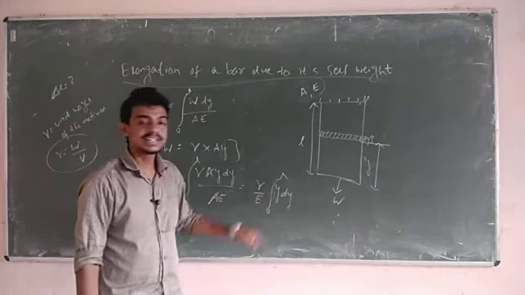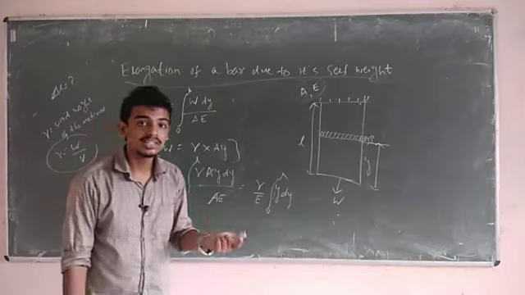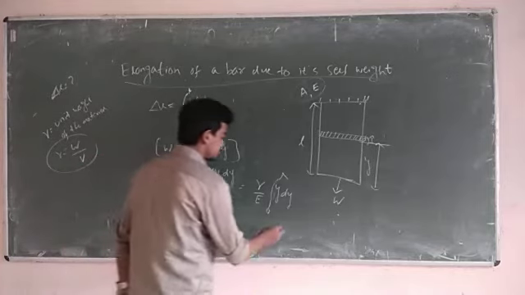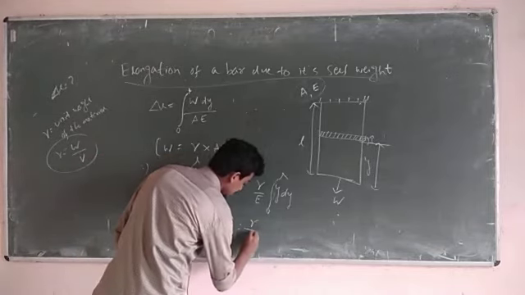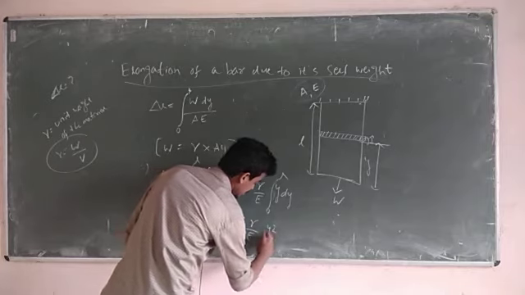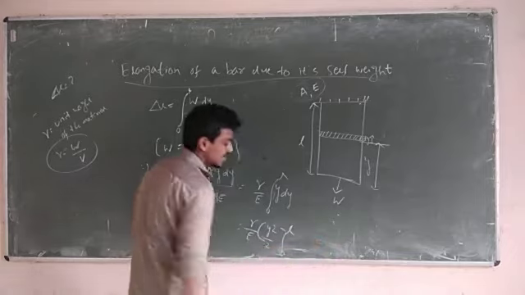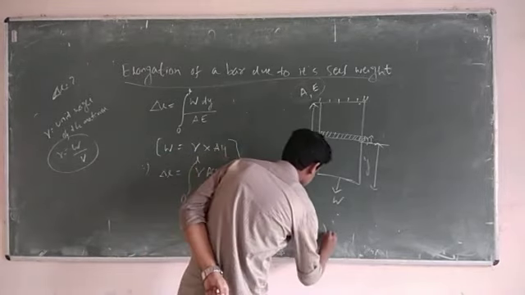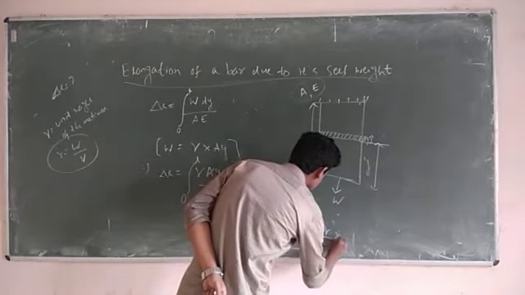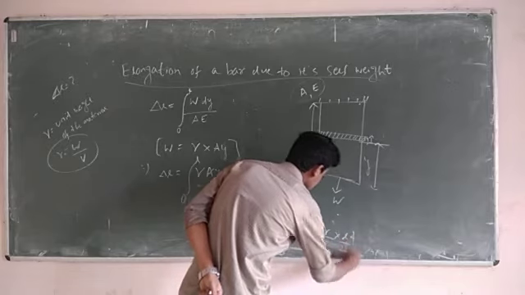The integration of y dy you already know, y square by 2. So it will be gamma by E into y square by 2. Here the lower limit is 0 and the upper limit is L. So it will be gamma by E into L square by 2.